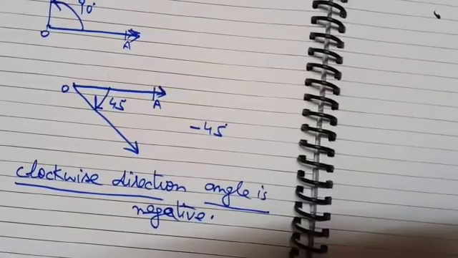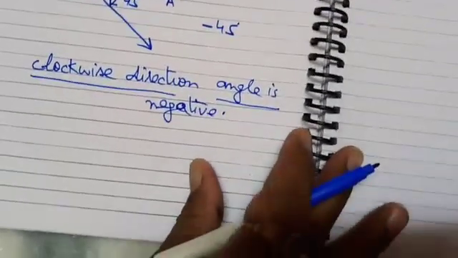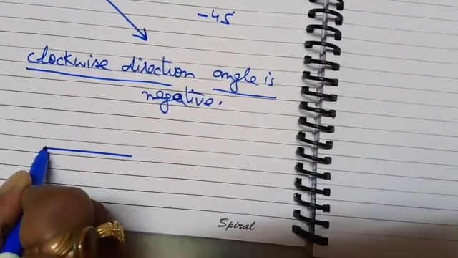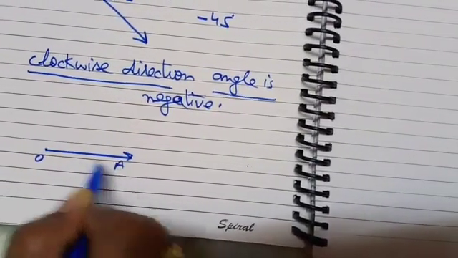One more thing which is very important. This is the initial line OA.